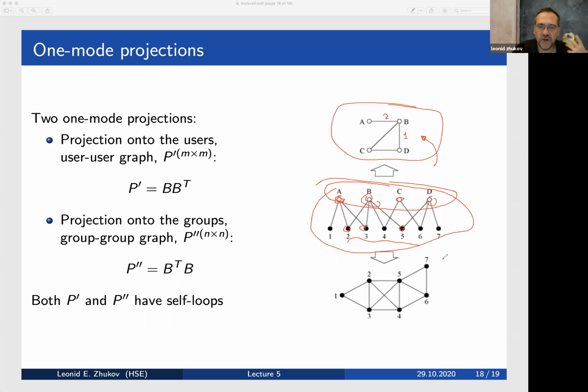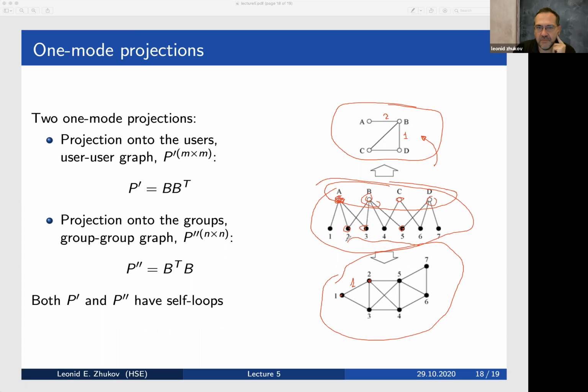Or you can also build a graph of papers. Two papers are connected if they have an author in common. Papers 1 and 2 both have author A in common, so they're connected with weight 1.